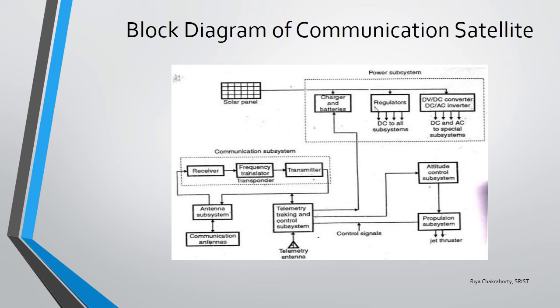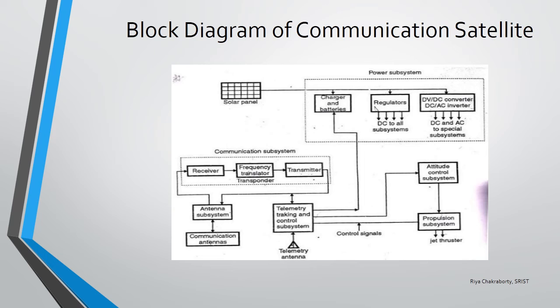The telemetry, tracking and control subsystem monitors conditions such as temperature and voltage and transmits the data back to a ground station for analysis and control of conditions in the satellite.